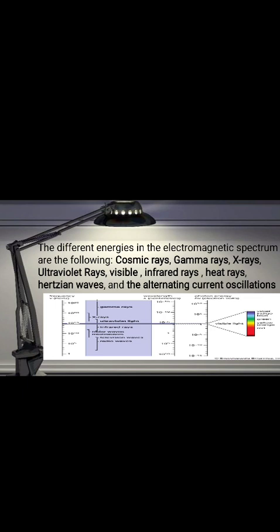The wavelength of X-rays is from 0.1 to 30 nanometers. Ultraviolet rays from 30 to 400 nanometers. Visible light from 400 to 700 nanometers, and infrared rays 700 to 1000 plus nanometers.